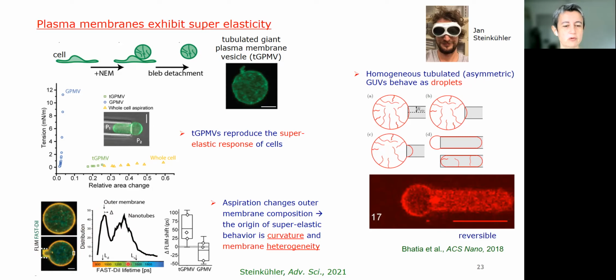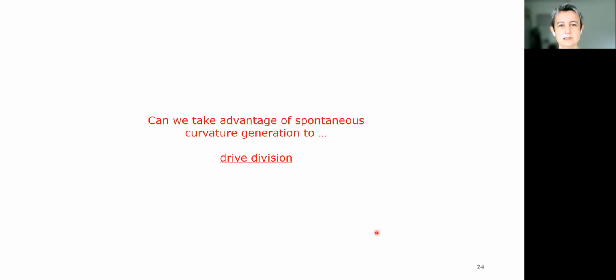But when you aspirate these vesicles, we see that the composition in the outer membrane shifts. This is the delta, which is reflected in the lifetime. And this is how we concluded that the membrane is heterogeneous. By aspirating and changing the tension, you are practically changing the membrane composition. And this is the origin of the superelastic behavior that we observe: the combination of curvature and membrane heterogeneity.